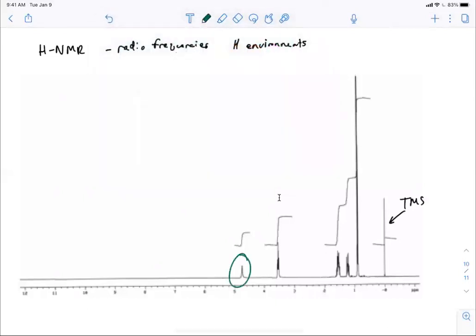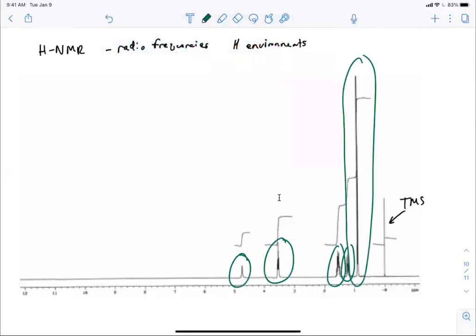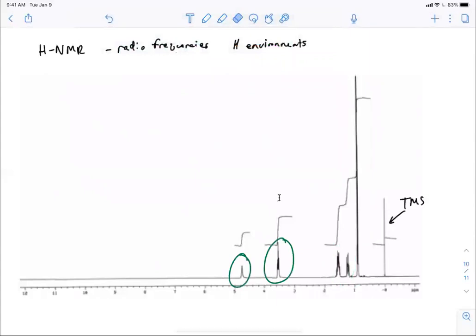Each of these here, this is a hydrogen environment or a set of peaks.